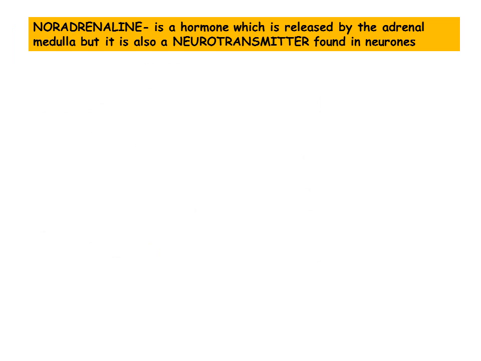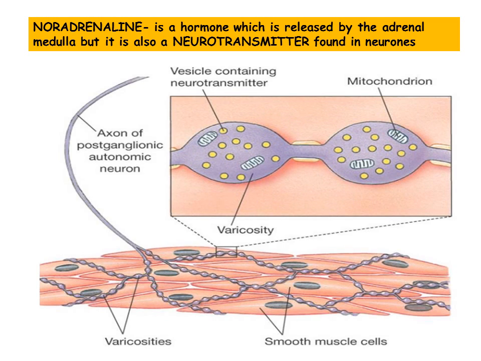Now, it's worth mentioning at this point that noradrenaline is a hormone which is released by the adrenal medulla, but it is also a neurotransmitter found in neurons. So this is a chemical which coordinates the nervous response and the endocrine response. So if we look in this diagram here, we can see that we've got vesicles containing neurotransmitter, and these are the chemicals which are able to pass between the synapses between neurons, and different neurotransmitters exist in different parts of the body.